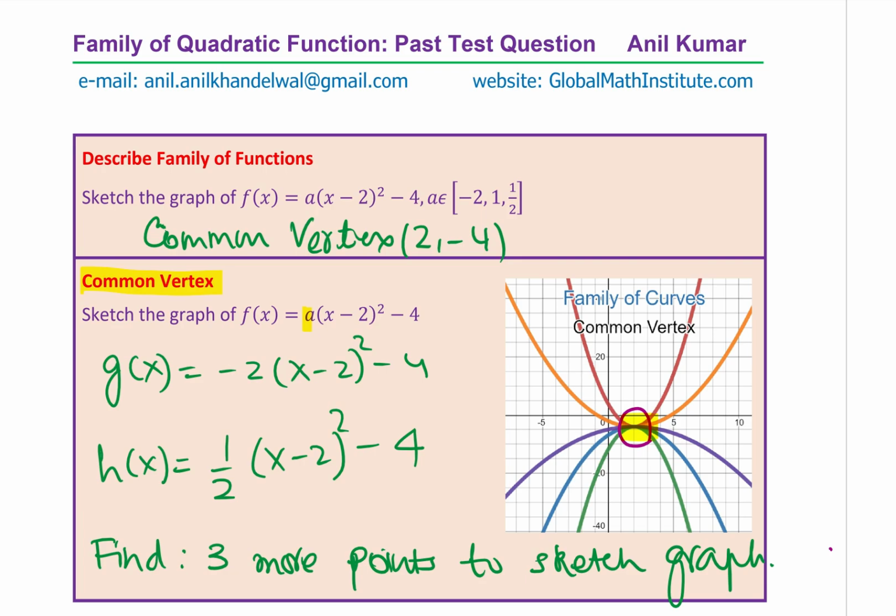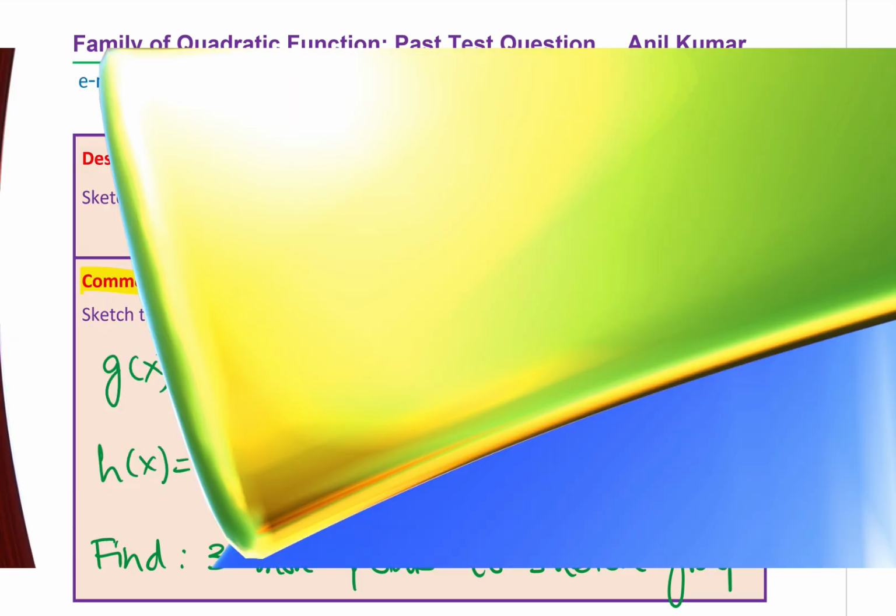As you can see from the graphs, if we reflect, it'll go downwards, and if it is stretched, it goes vertically up as shown here. Have a look at the presentation of these graphs. That will give you a much better idea of how it really looks. So that is the family of quadratic functions with common vertex.